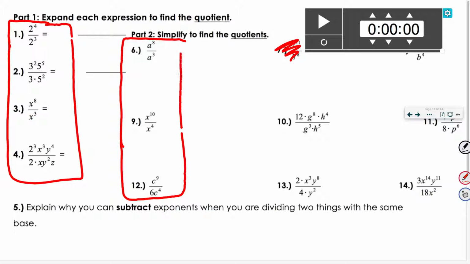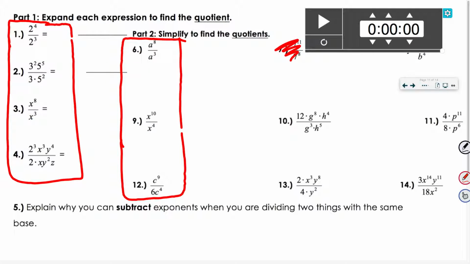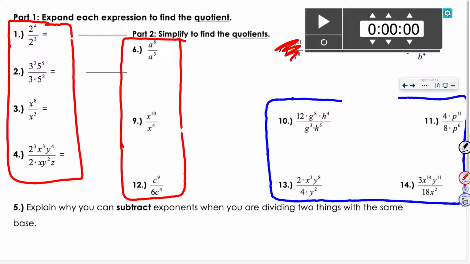So I want you to try these 7, and those are going to be your most straightforward, well, I don't want to say straightforward because that's not really the word, but these are similar to the ones that we've done. Numbers 10, 11, 13, and 14 are going to be your more advanced. They're not necessarily harder or easier, they're just a little bit more complex. So we'll start with those 7.